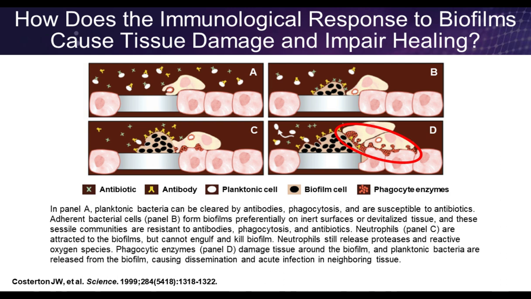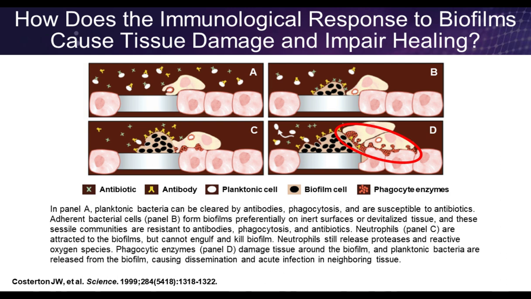But if the planktonic bacteria begin to attach and begin to synthesize this exopolymeric matrix shown in panel B, now our antibodies and antibiotics have difficulty penetrating it. In panel C, our neutrophils and macrophages have great difficulty in trying to engulf and kill these structures that are much bigger than they are.